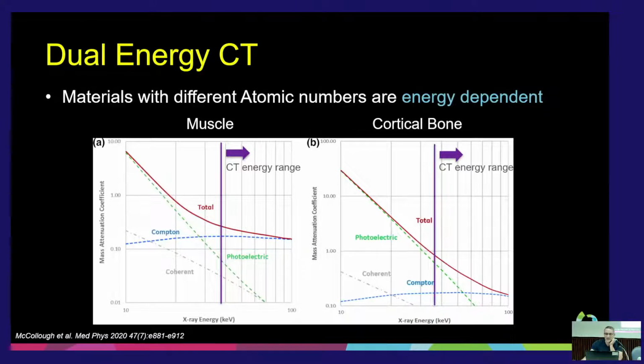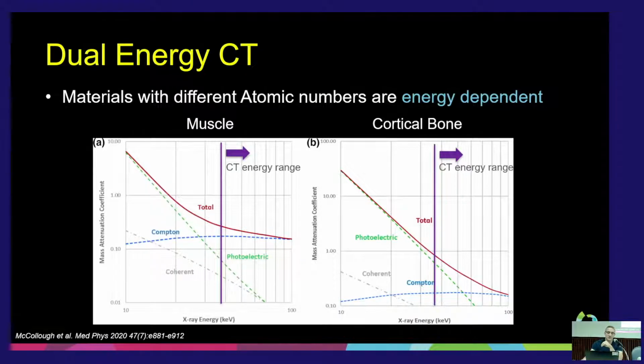So as an example, we know that the body has all different kinds of tissues, right? It has muscle, soft tissue, of course, and it's got bone and whatnot. And we know there are two fundamental radiation interactions with the body.